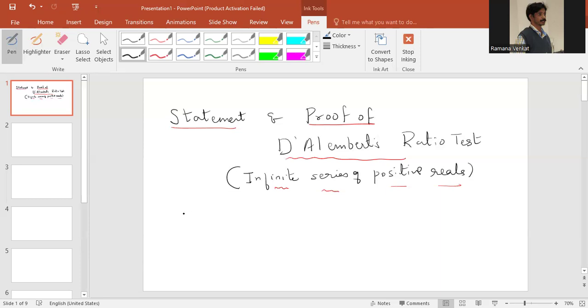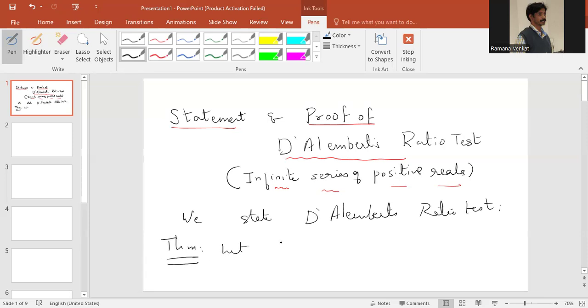So we state D'Alembert's ratio test as follows. It can be stated as a theorem.